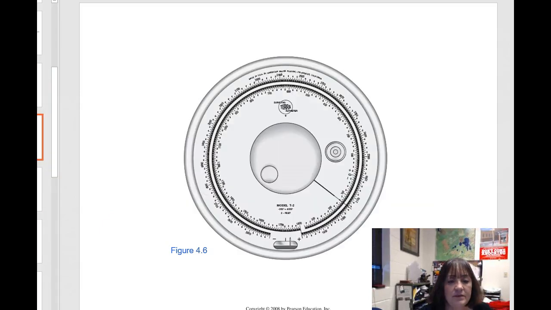Now there are other methods of leveling. One is barometric leveling, and if any of you have ever flown in personal aircraft, the object that tells you what your altitude is called an altimeter, and they are generally speaking barometric, or they measure pressure.